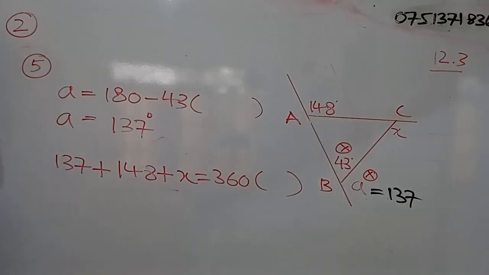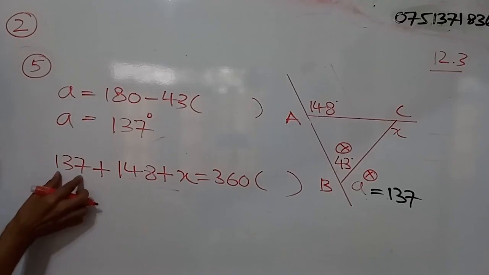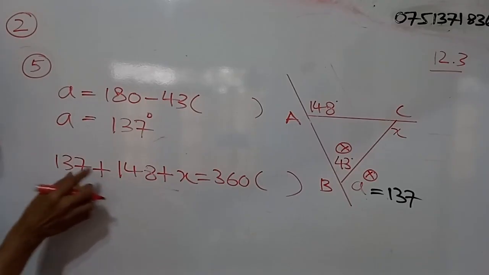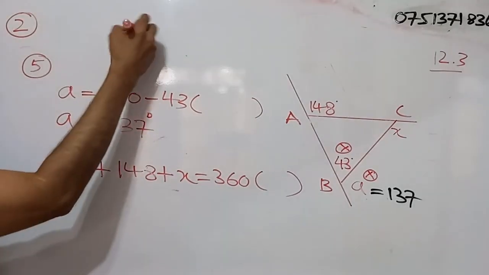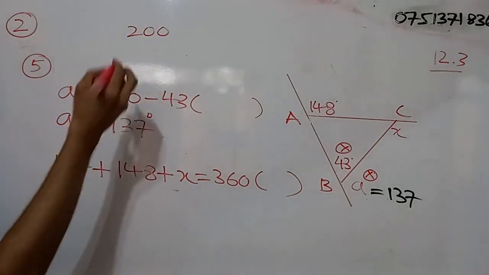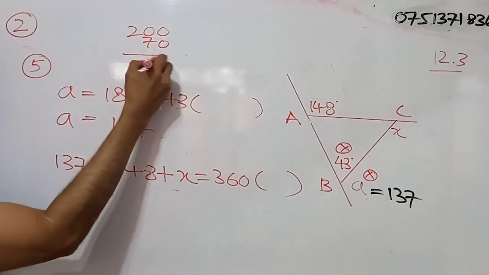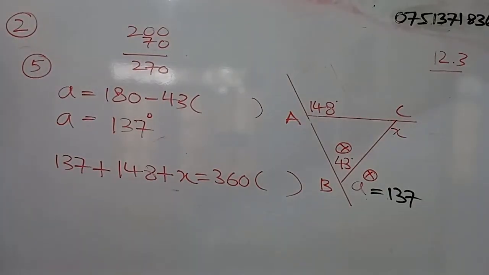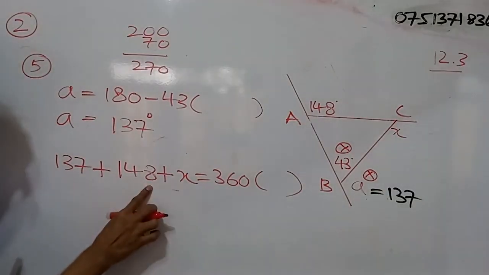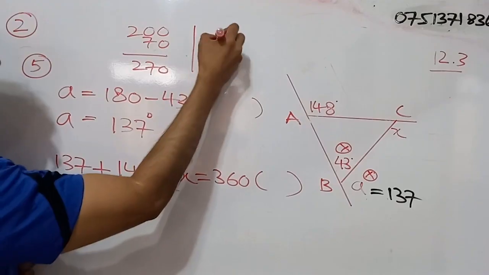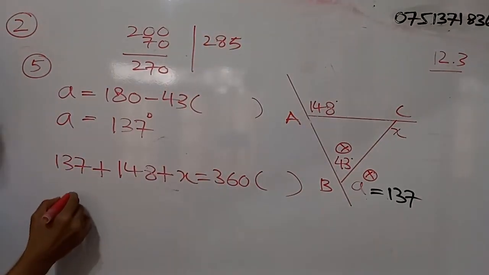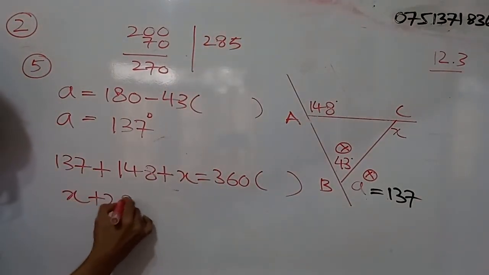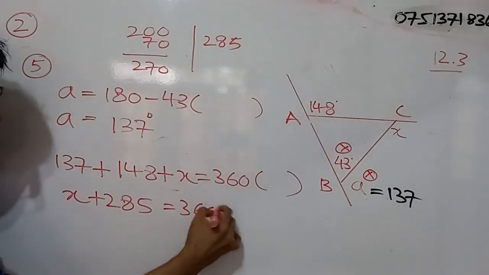What is the reason? Sum of external angles of a triangle. Okay, so 137 plus 148. So 100 plus 100, we get what? 200. 200 plus 70, we get what? 270. To that we have to add another 15. So this becomes what? 285. So X plus 285, this is equal to 360.